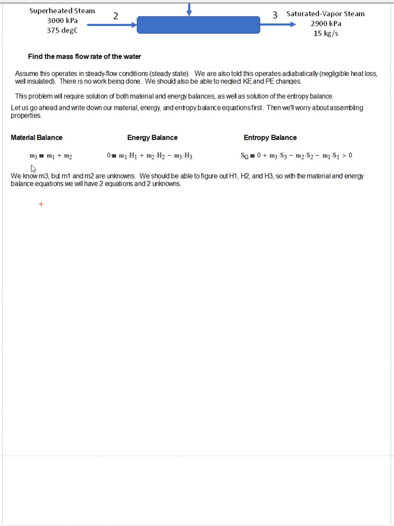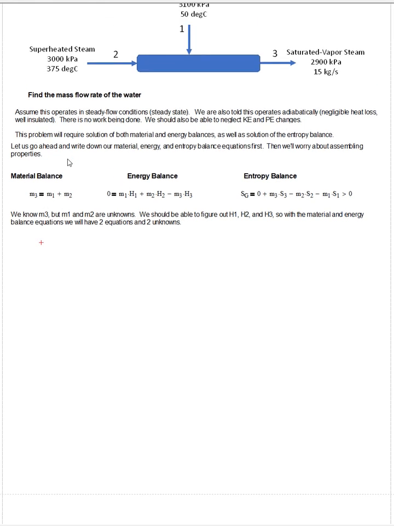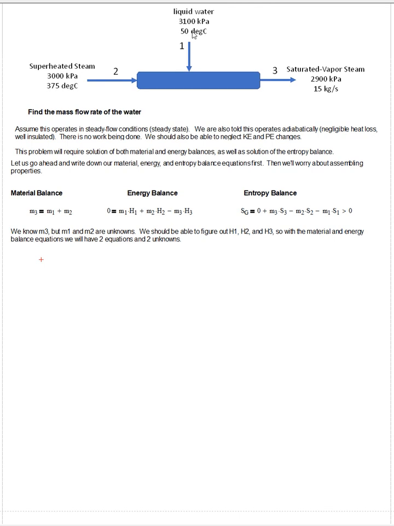So we know M3, right? We do not know M1 and M2. If we look at the conditions given to us, we're given temperature and pressure for stream 2, and we're told stream 3 is saturated vapor. So basically the properties of these streams are fully specified, and we should be able to look up H1, H2, and H3.